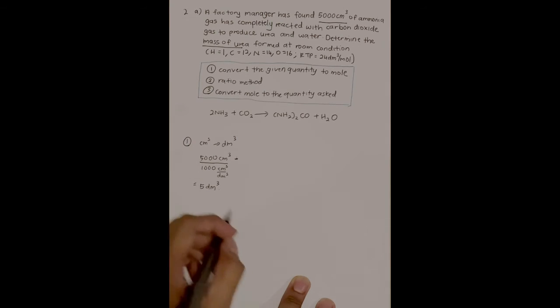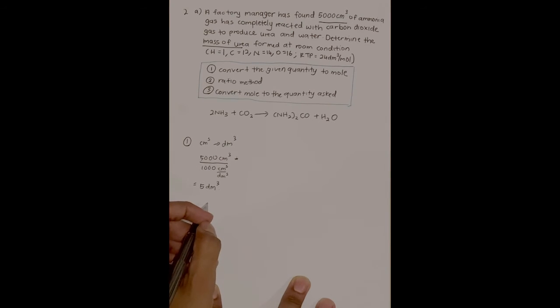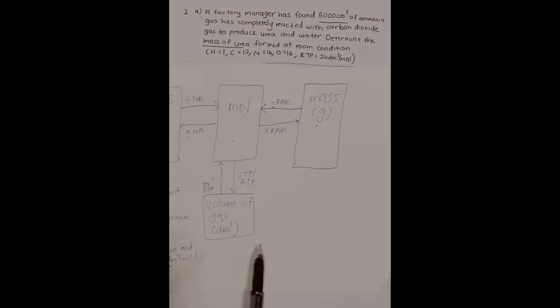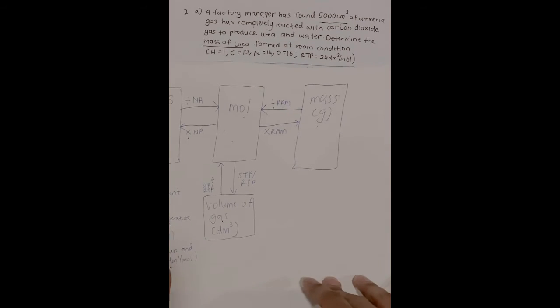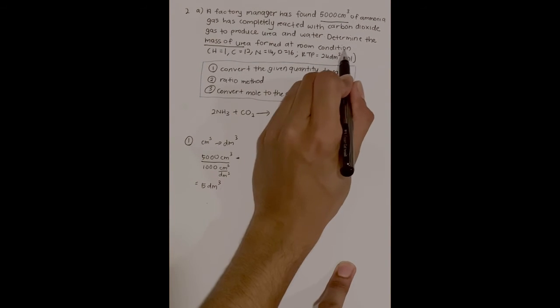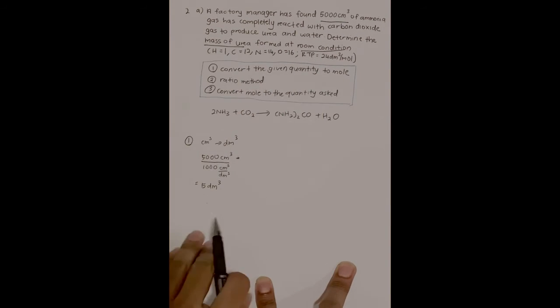Okay. Now we have this volume. Next step is going to be, of course, converting volume into moles. We'll look at our chart again. So from volume, we are going to moles. So obviously you have to divide by RTP. Now RTP, you know RTP because they say room condition, and the constant is given as 24, right?